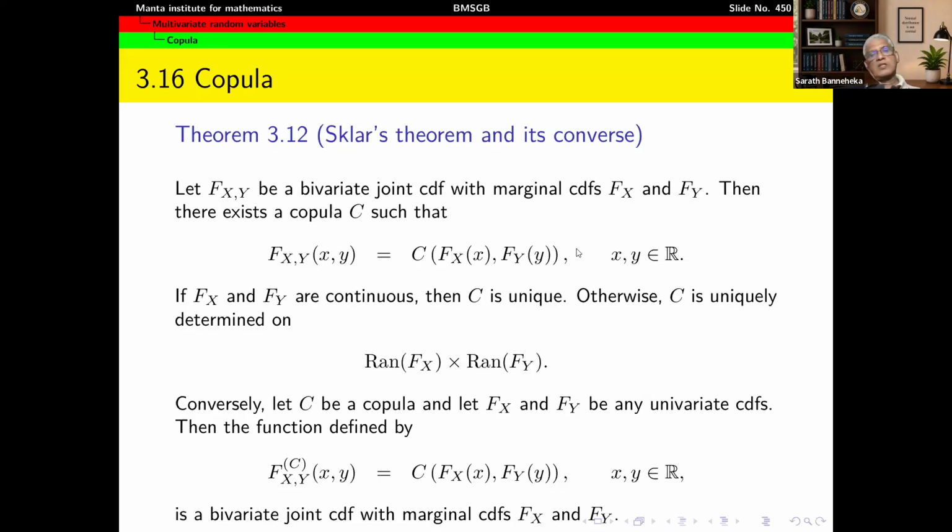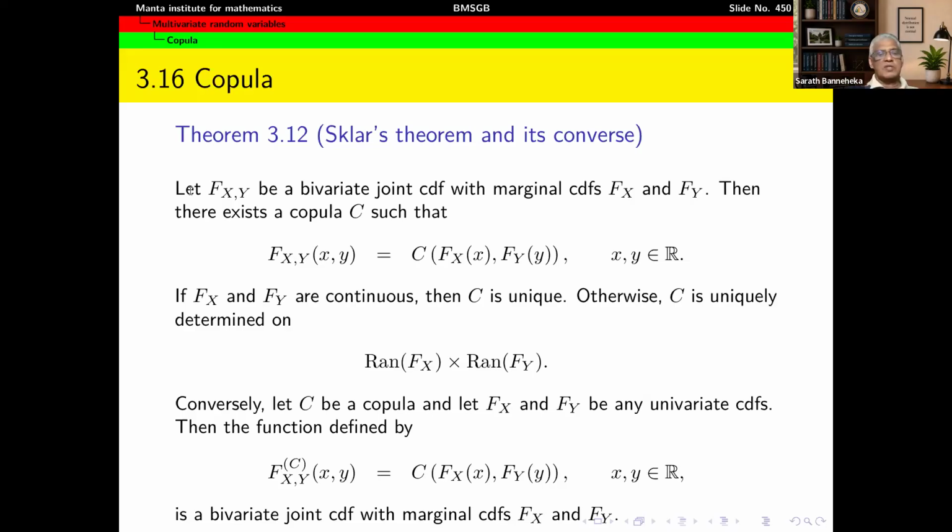So Sklar's theorem tells that a joint cumulative distribution function can be represented through something called a copula, so that the joint distribution can be written as a function of its marginal CDFs.